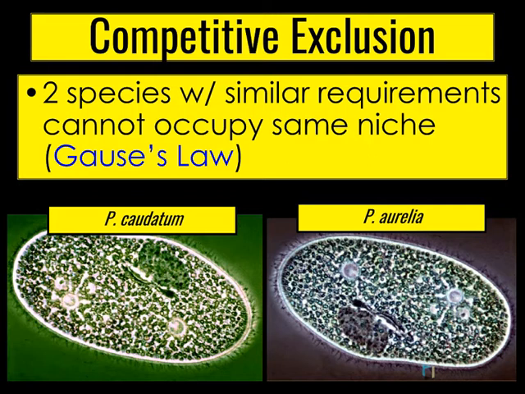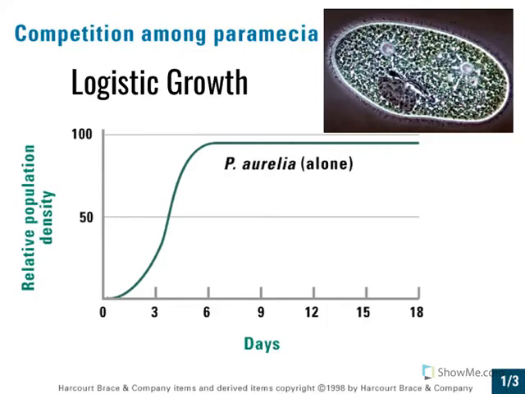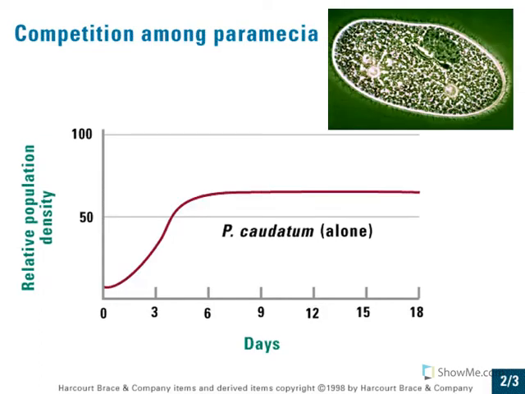So let's take a look at these two paramecium. So Paramecium aurelia, living alone in an environment, you can see it exhibits logistic growth where it starts exponentially and then it meets its carrying capacity, making this kind of S-shaped curve. But this is it all on its own in an environment. Paramecium caudatum, similar logistic growth. We see the exponential leveling off.